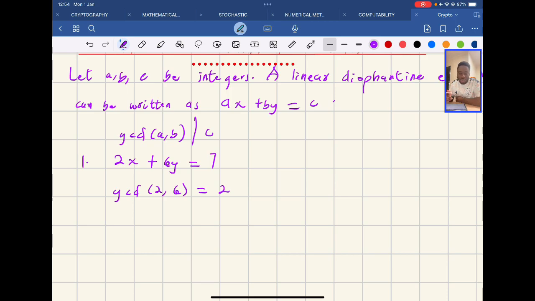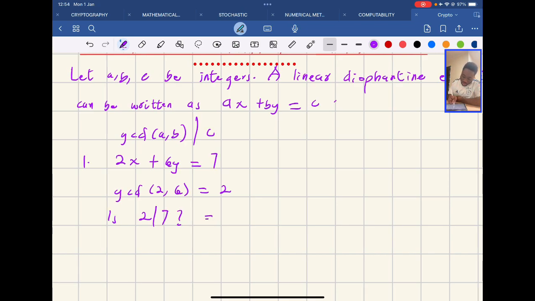Now we have to check if 2 is a divisor of 7. The answer is no. The divisors of 7 are 1 and 7 itself, so 2 can't be a divisor of 7.